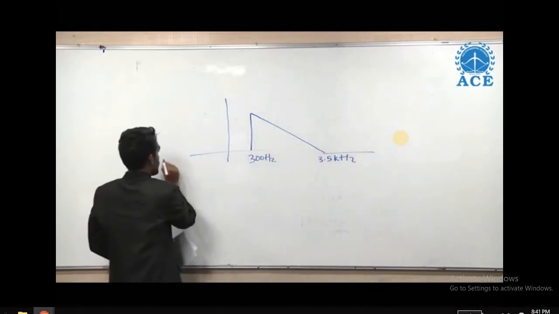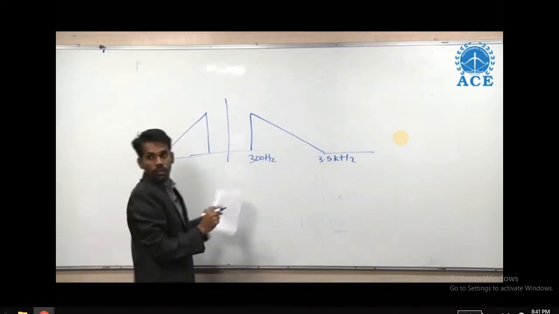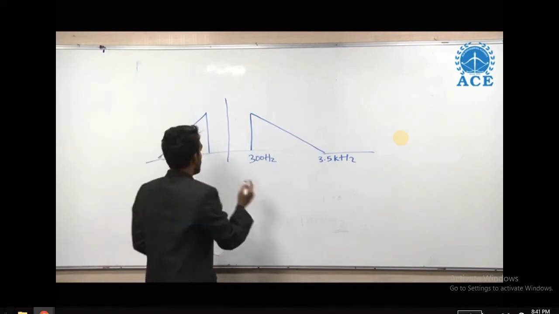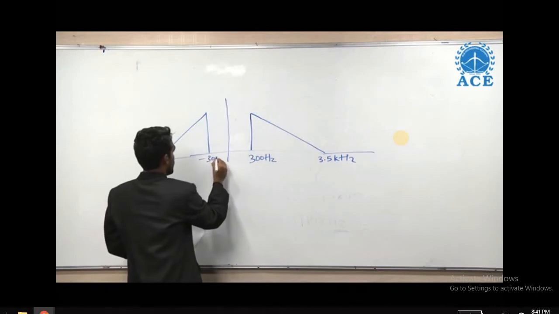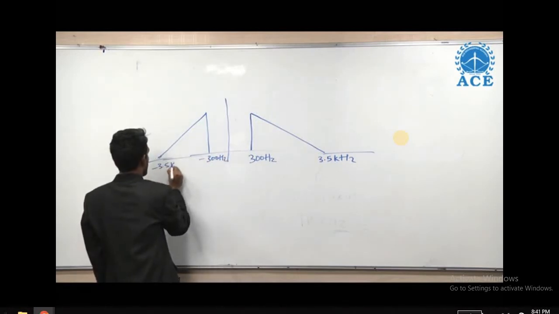So here negative frequency is also there. Let us consider only this frequency. So this is minus 300, this is minus 3.5 kilohertz.